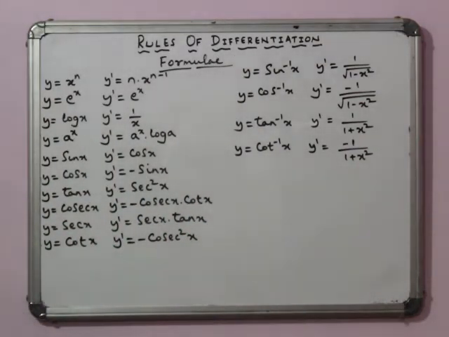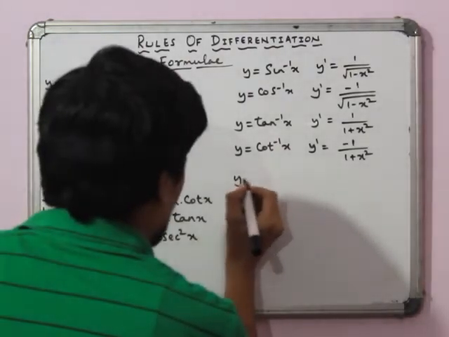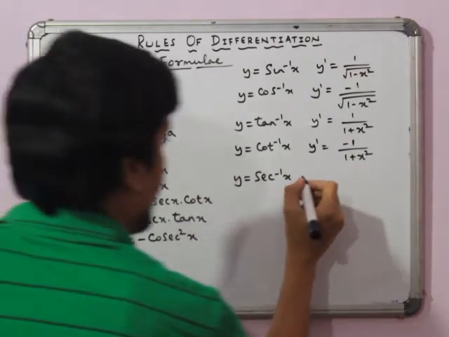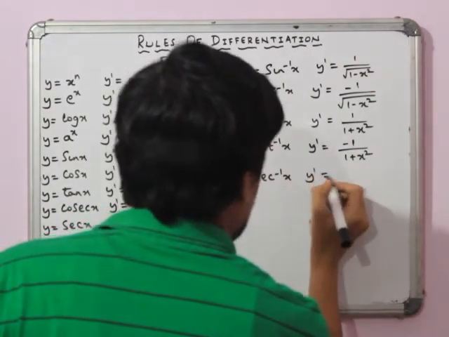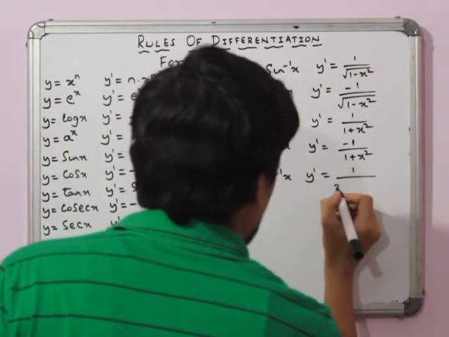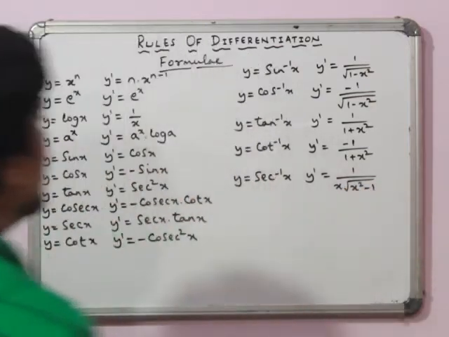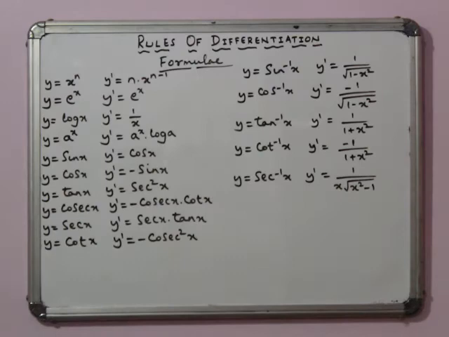Next, the next function is secant inverse x. y is equal to secant inverse x. y dash is equal to 1 by x into root of x square minus 1. This is the derivative of secant inverse x.